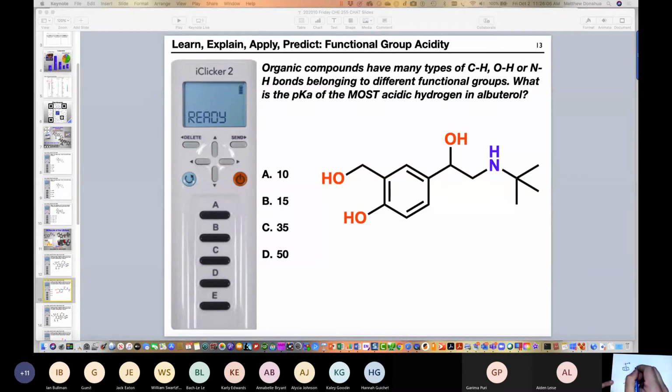So if you were to treat this molecule with a base that you're familiar with, sodium hydroxide, and we know that this is a base, so this has to be an acid, right? So we have an acid-base reaction.